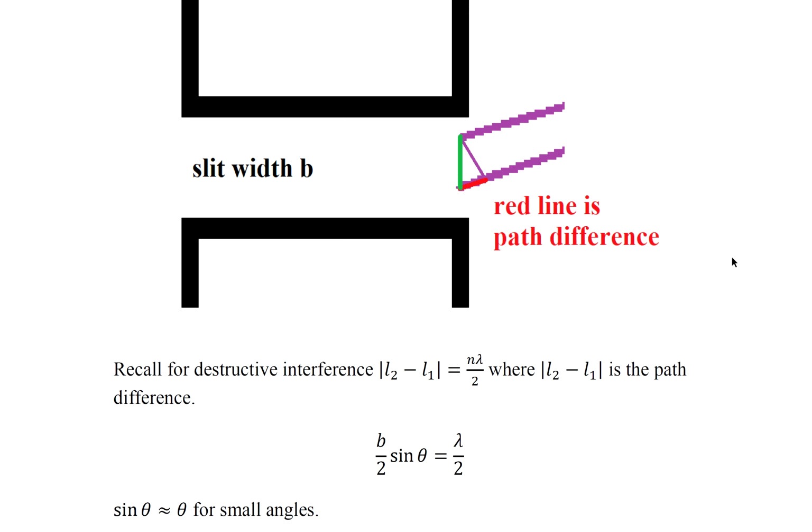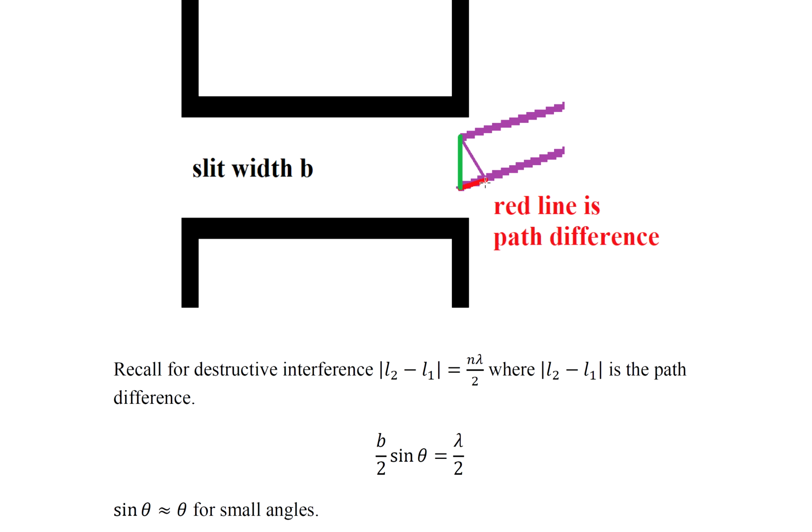Okay, so recall for destructive interference from a few videos ago, we have this equation. The path difference is n lambda over 2. So if we let n equal 1, we're going to get lambda over 2 on the right side.